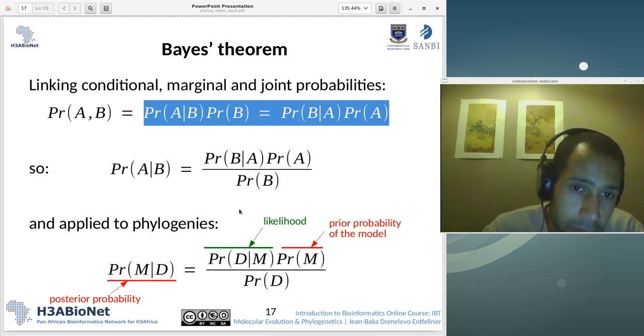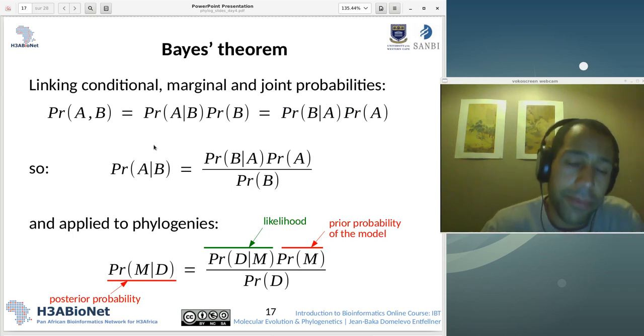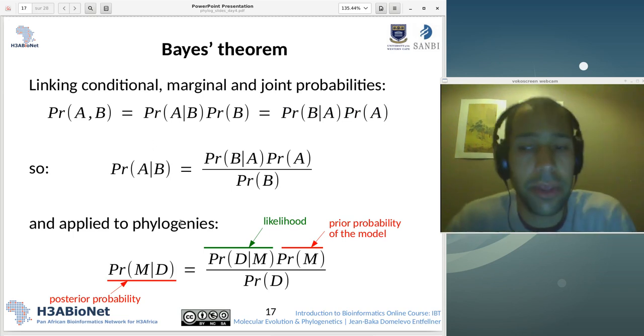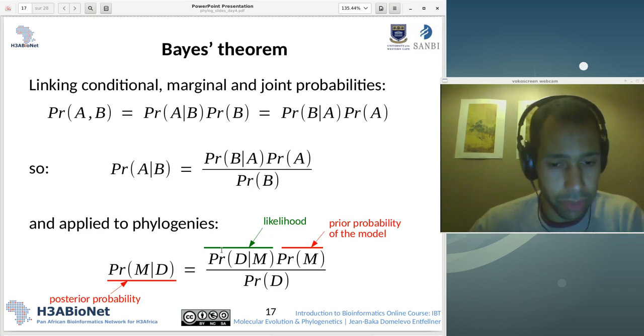Okay, and let's apply this Bayes theorem to phylogenies. So when we talk about phylogenies, instead of A and B, we're going to have the data and the model, and let's play with these a little bit.